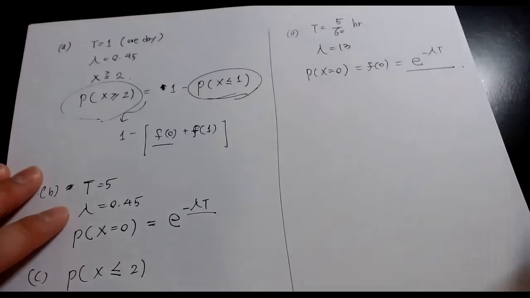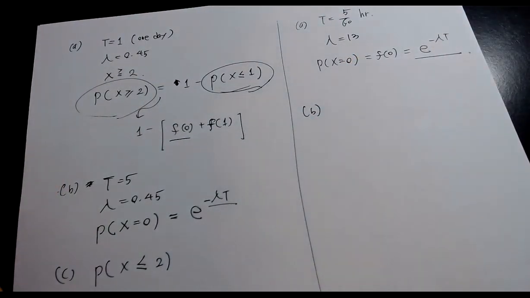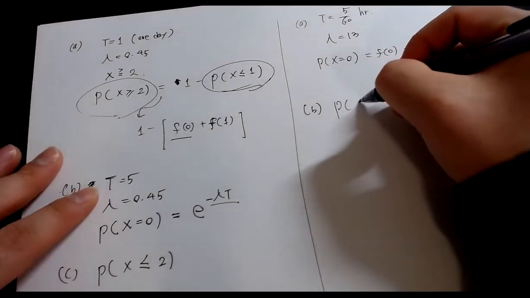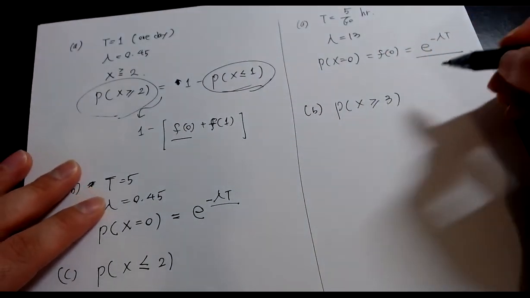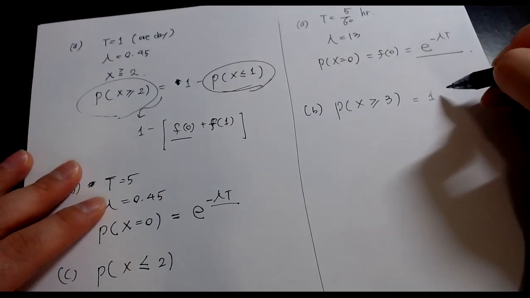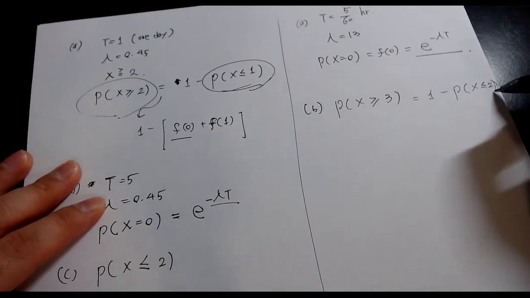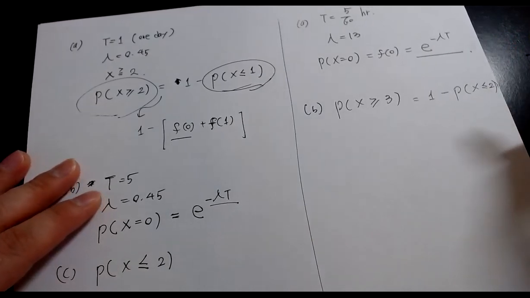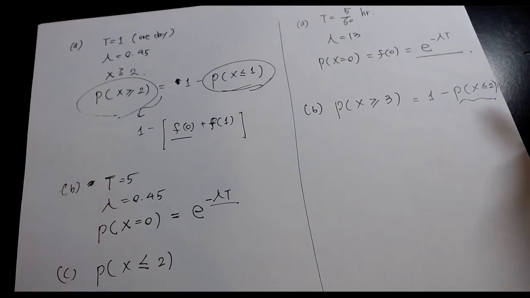Then B: the probability of 3 or more orders in 5 minutes. It means the probability that x is greater than or equal to 3, which equals 1 minus the probability that x is less than or equal to 2. We can figure this out using the calculator, so let me skip finding that probability because I did cover a lot.